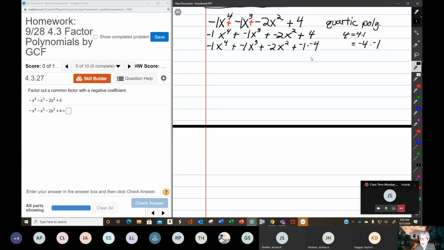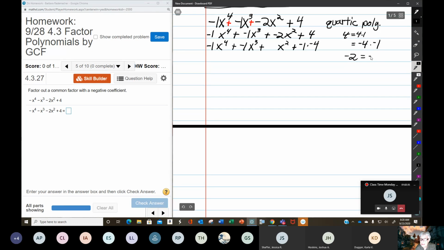Now I can see that all 4, and look at -2. No, I messed that up. -2 equals, well, you get a negative by multiplying a negative and a positive.